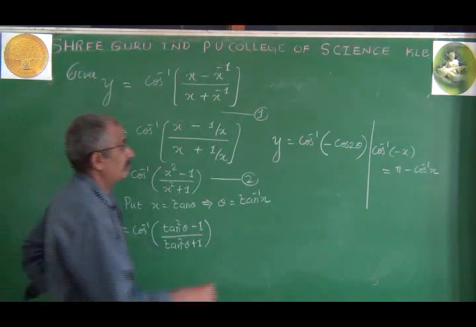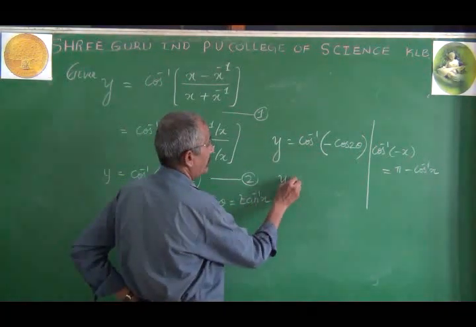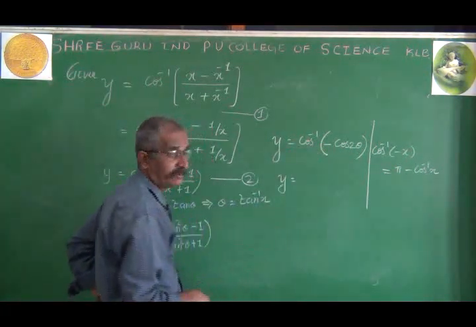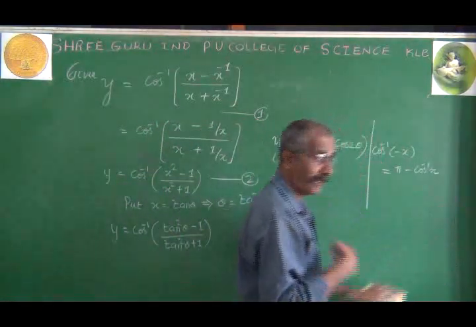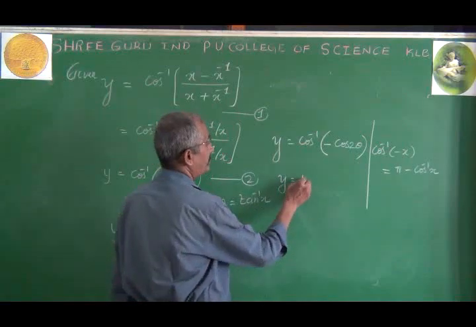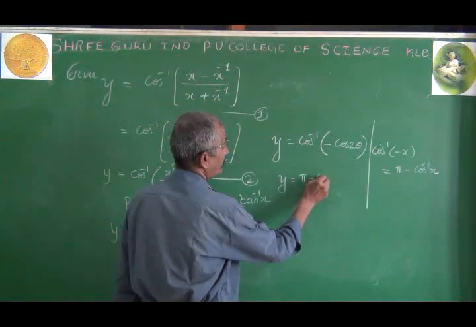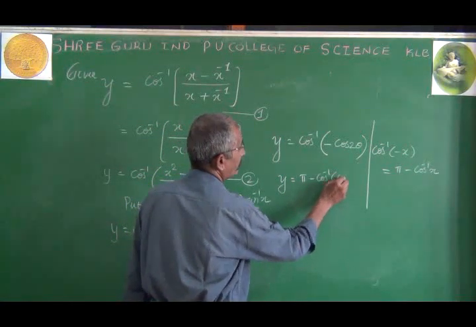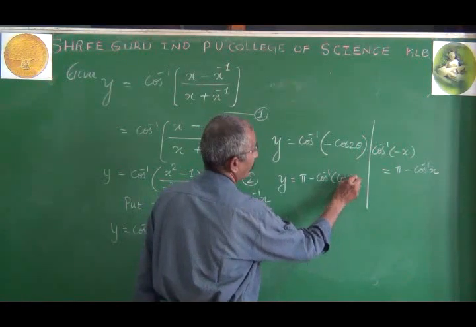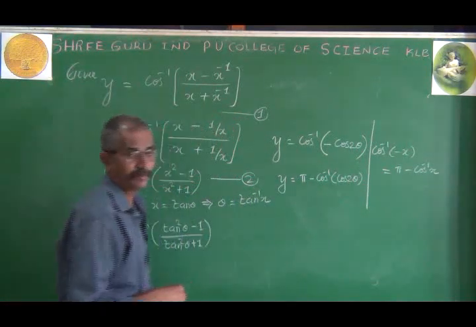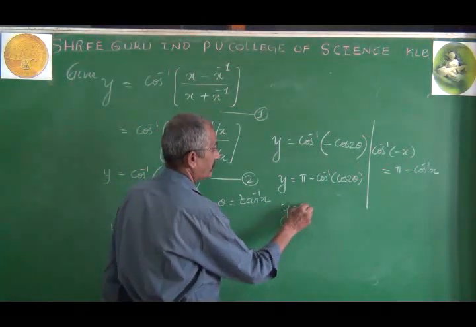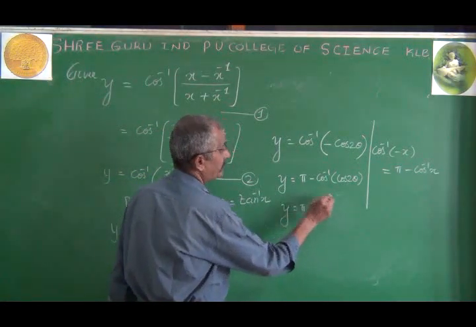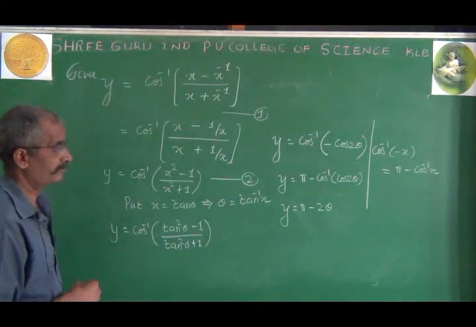So let's use it here. y equals, it is just like cos inverse of minus x. So its concerned formula is pi minus cos inverse of cos 2 theta, or y equals pi minus cos inverse of cos 2 theta, just 2 theta.